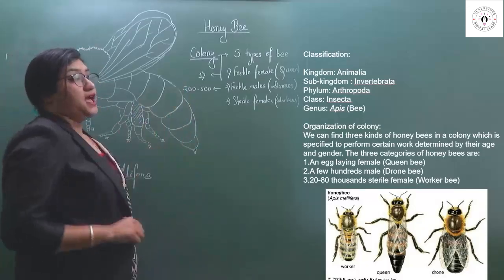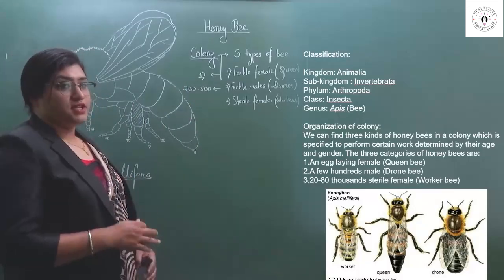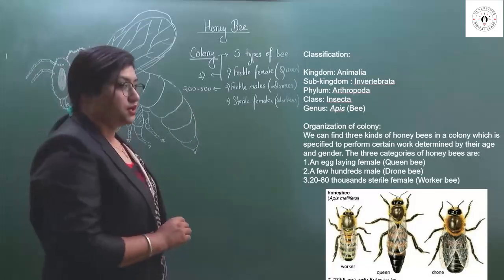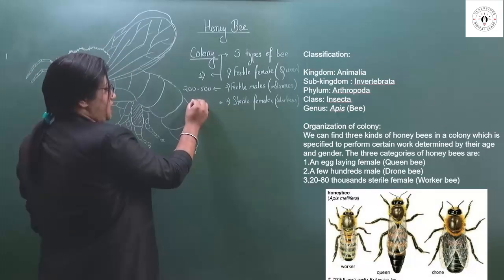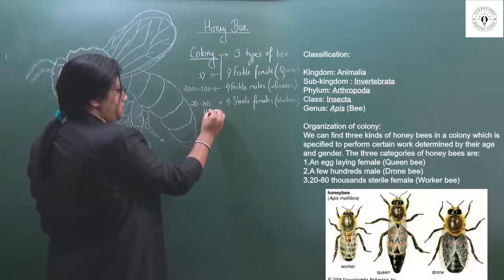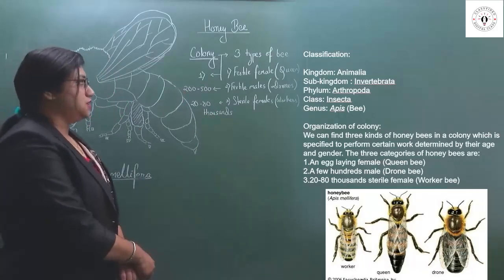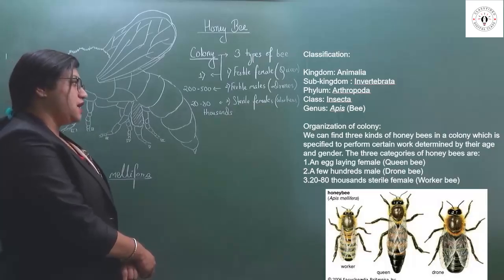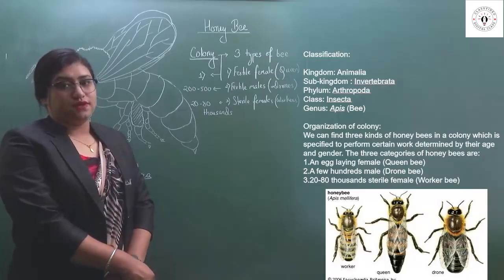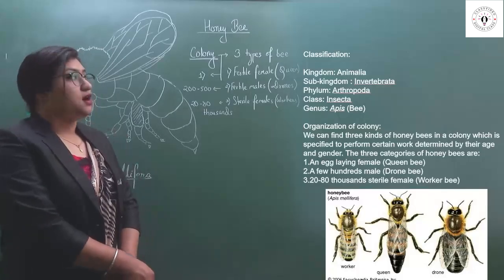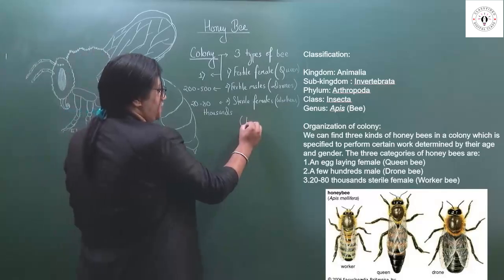And the colony is formed very large because of the number of sterile females, or worker bees, which here we will take as 20 to 80,000. So, one queen, a few hundred drones, and a quite large number of thousands of worker bees will form a colonial nest, also known as the beehive.